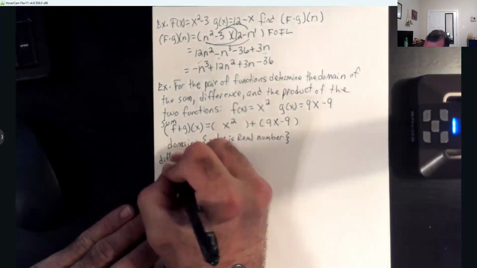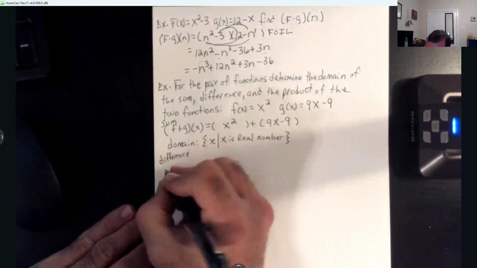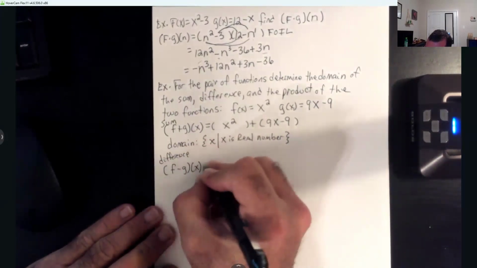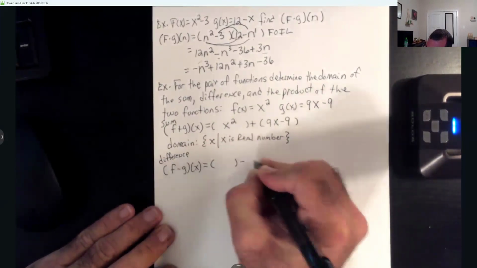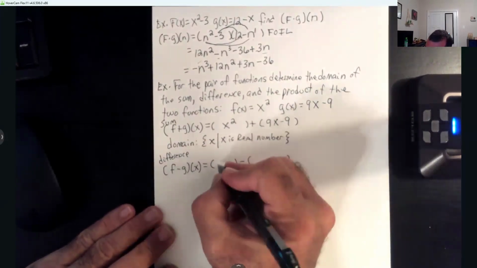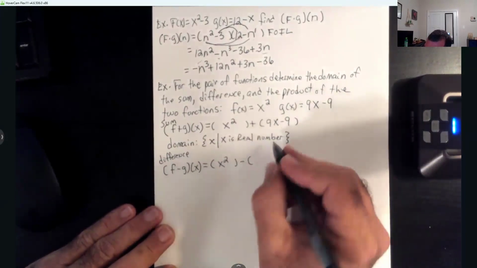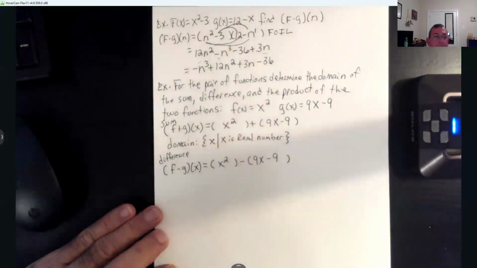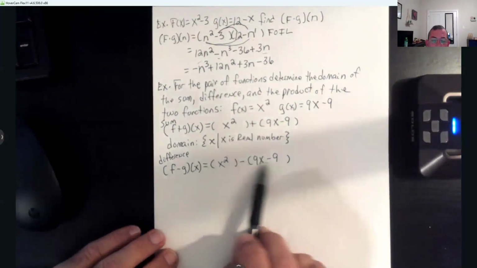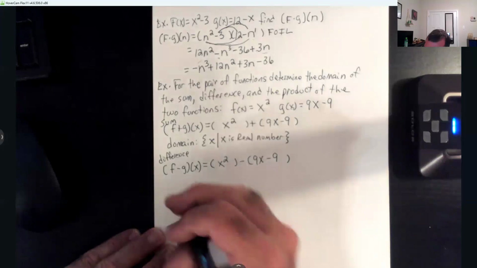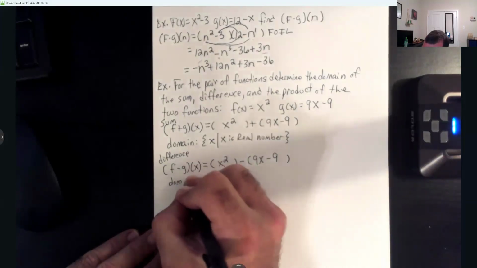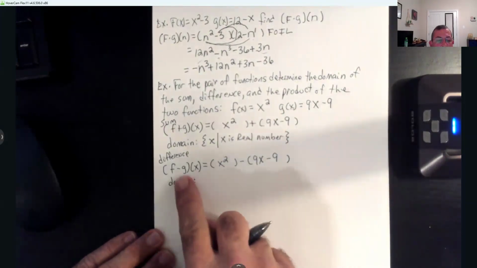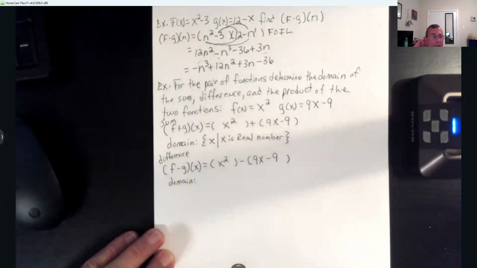So then we come and do the difference. Well, the difference will be f minus g of x will equal my f minus my g. So y'all, that's going to be the x squared minus the 9x minus 9. So once again, I'm not going to remove parentheses and work it. I'm just going to go straight to my domain. Because y'all, what's the domain of the difference of these two functions?